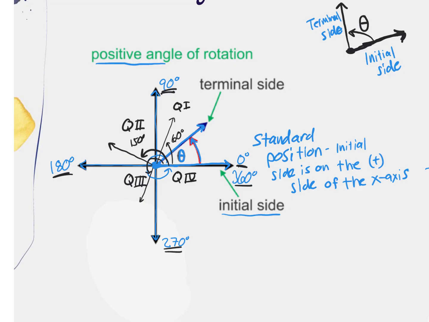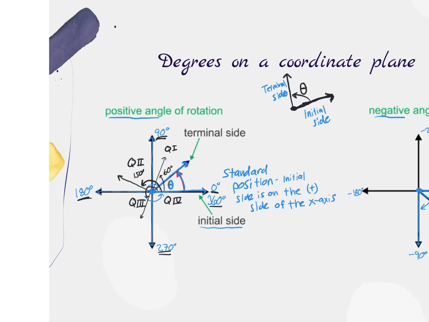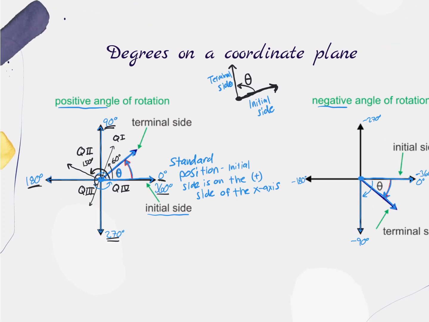But that's just an introduction of how these angles relate to the coordinate plane. We're not really going to use much of that information now, but in the next lesson, I'm going to use words like standard position, and I'm going to refer to the quadrants and such. So that is good information to have.